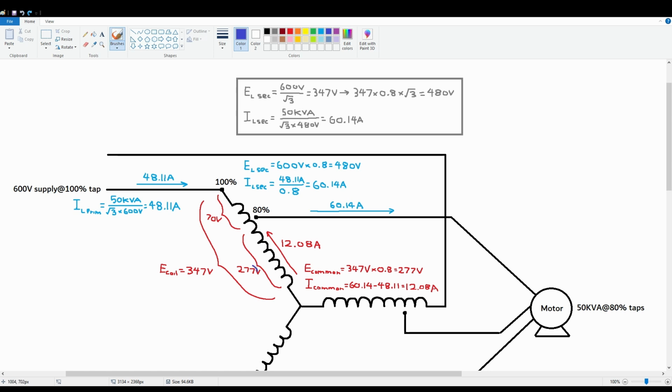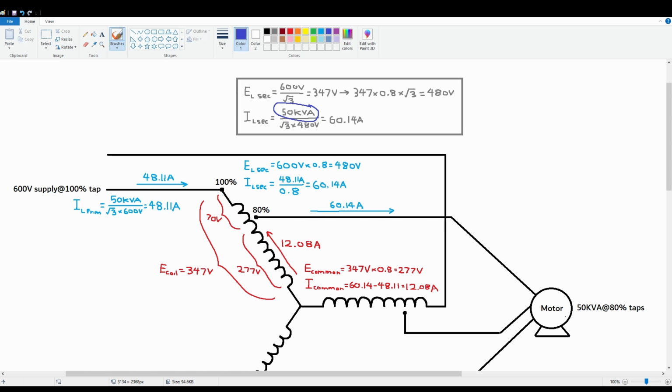So this is 80% of 347. And then we're trying to find our line voltage on the secondary side, so we multiply 277 by root 3, and we get 480 volts. And then for our line current on the secondary side, we use 50 kVA because of the transformer rule, kVA has to be equal on each side.